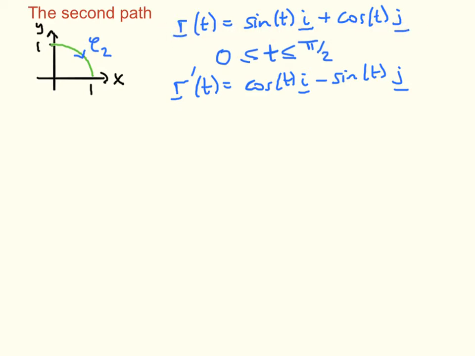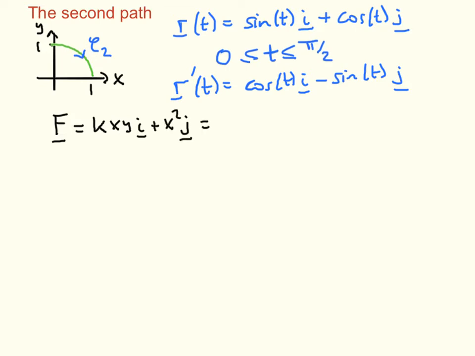Then we can differentiate this with respect to our parameter t, and this just gives us this result immediately. Derivative of sine is cosine, derivative of cosine is minus sine. So let's now write out what F is. F, the vector field that we're going to integrate over, is kappa xy i plus x squared j.